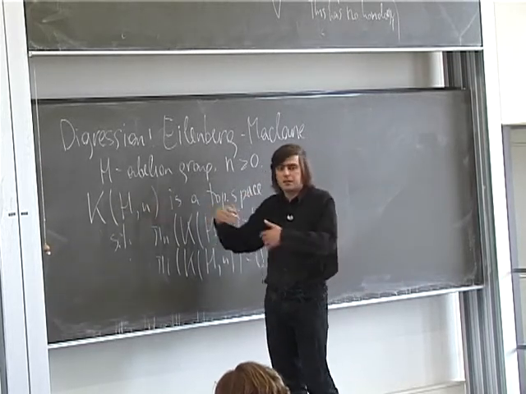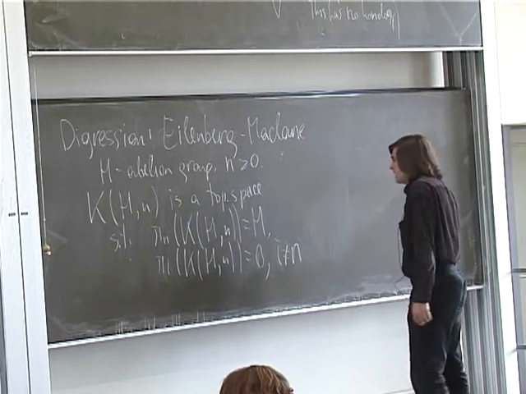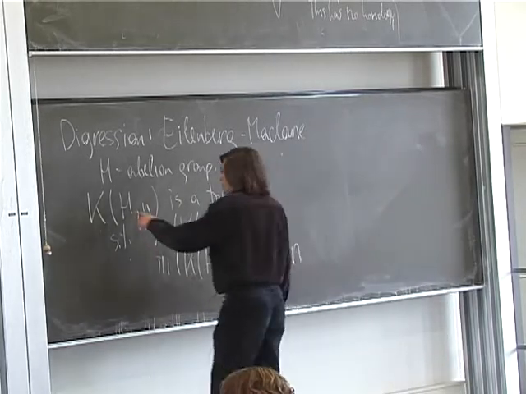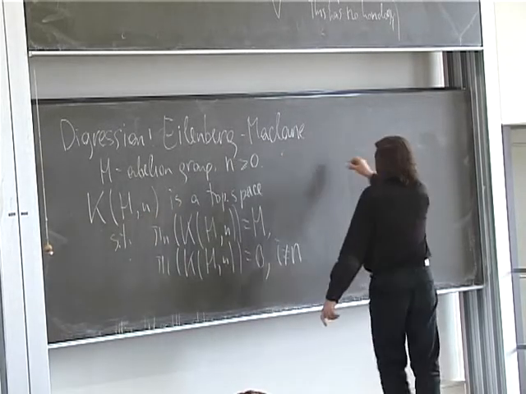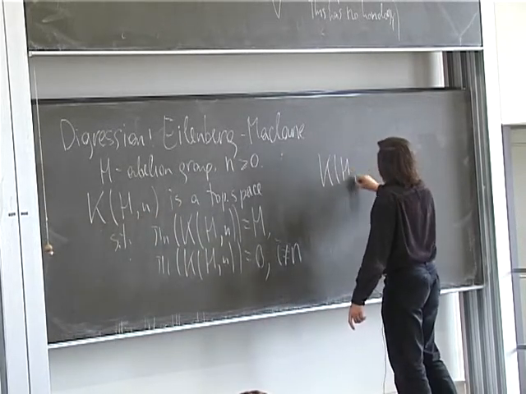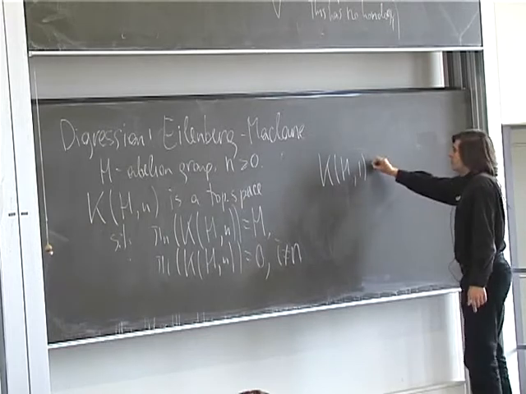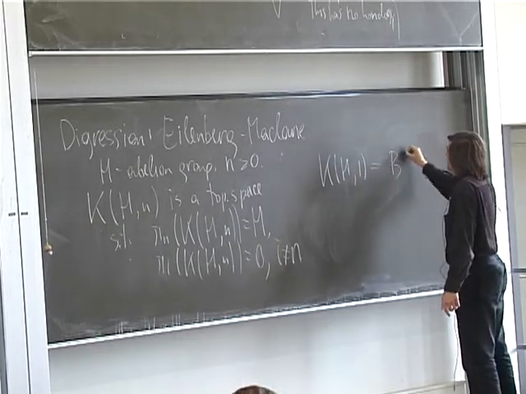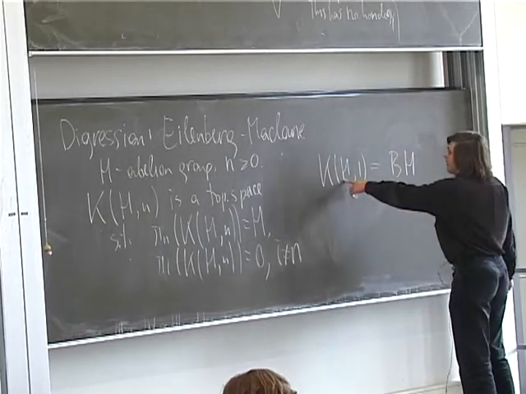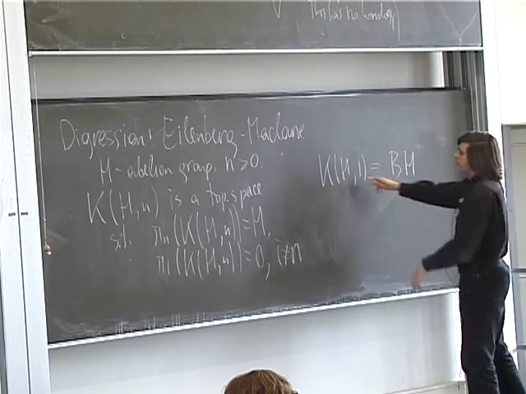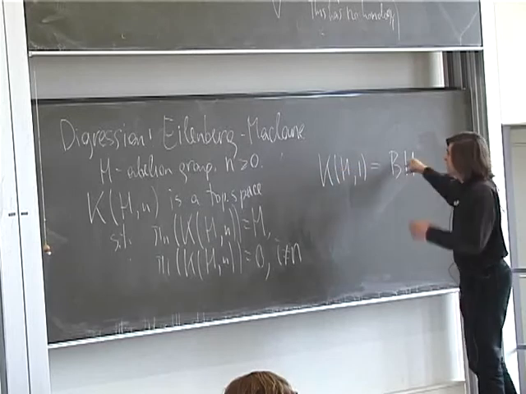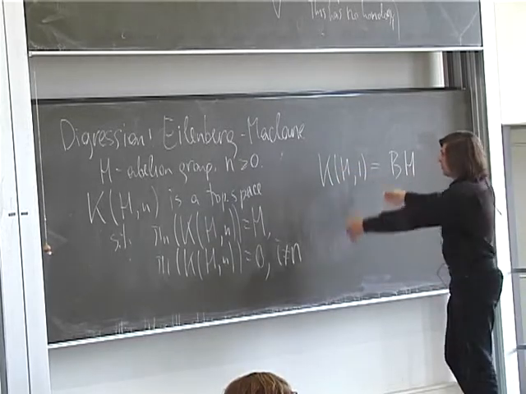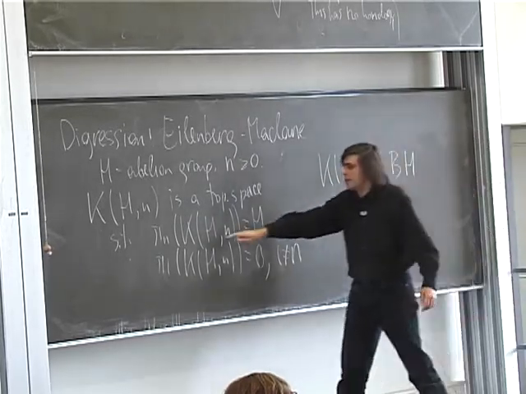So any two such things are homotopy equivalent. Most people probably saw a space of this type with n equal to 1. So K(H, 1). It's also sometimes called the classifying space for the group H. And here, if n is equal to 1, this group needn't be abelian. You can take just any group, and there is a construction of this type. But if you want to go higher, then the group must be abelian.